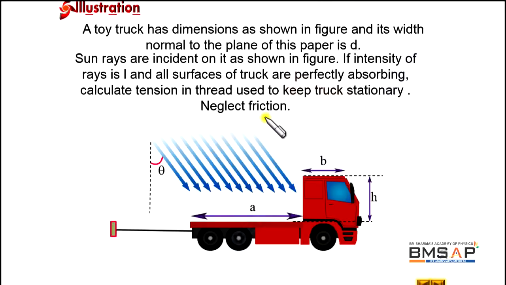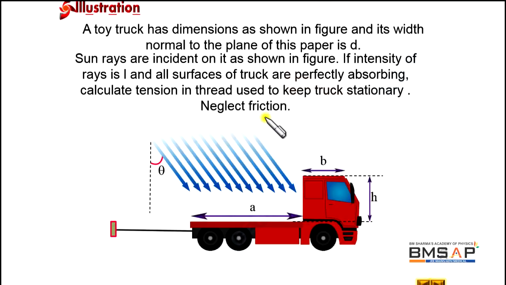Let us first plan how to proceed with the solution. First of all, we have to calculate the power incident on the truck. Step number 1, we need to calculate the total power incident on the truck. In the second step, we need to find the momentum of the photons incident per second, right?